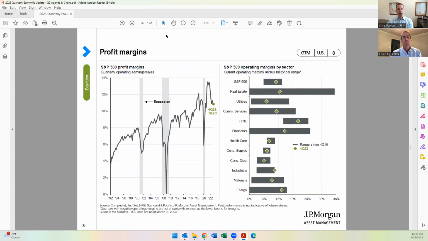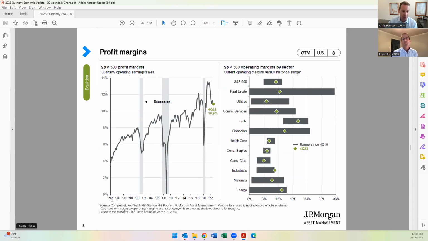Diving a little bit deeper into the US and profit margins themselves. We've been presenting the possibility, the likelihood, of a slowing economy. However, that doesn't always mean bad results for your nest egg. One of the areas that we focus on is profit margins. The profit margins at the end of last year were 10.9%.